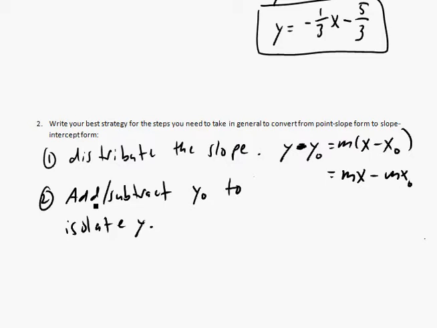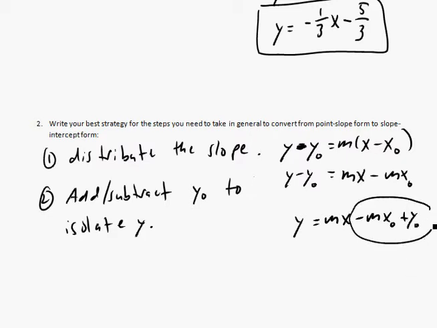That is to say, I would add or subtract y sub 0 to both sides of the equation. So that means we would have something like y equals mx minus m times x sub 0 plus the y sub 0. And all of this would be a constant, and we would simply do arithmetic to simplify that.